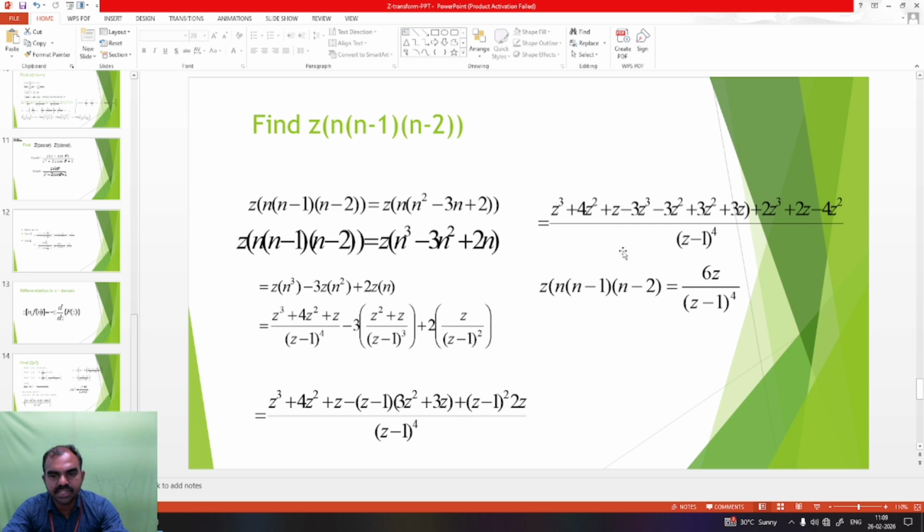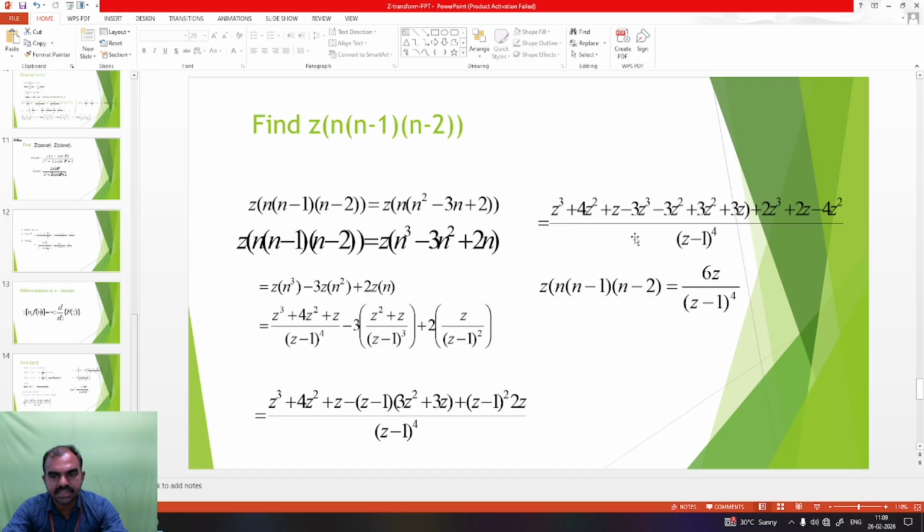We make the simplification. So plus z cube, here the 2z cube, 2 plus 1 is 3z cube, minus 3z cube is cancelled. Then z square, 4z square plus 4z square minus 4z square cancel, and plus 3z square minus 3z square is cancelled. Only the z terms remain. So plus z plus 3z plus 2z.